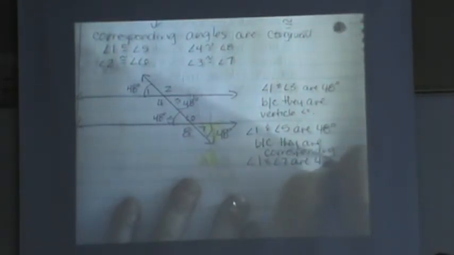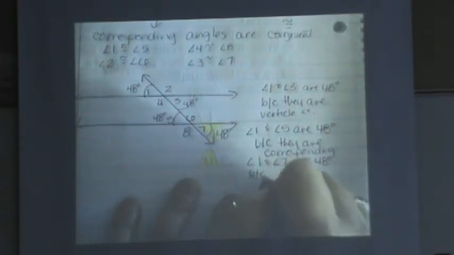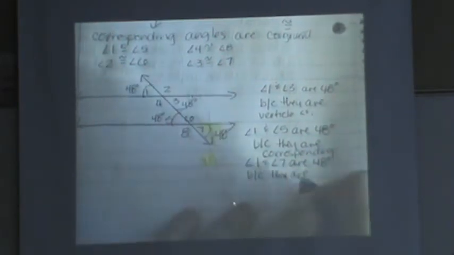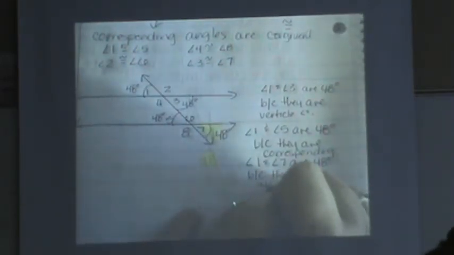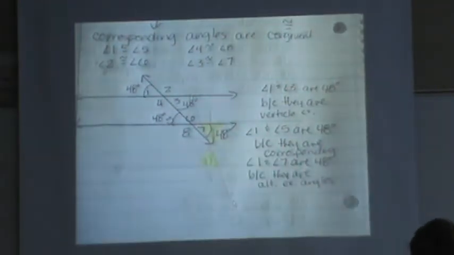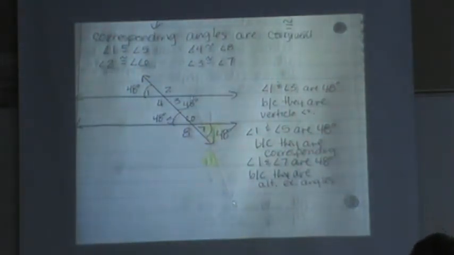They are congruent because they are alternate exterior angles. So 3 and 5 will be alternate interior angles. 3 and 5 are alternate interior. Very good. That's correct.